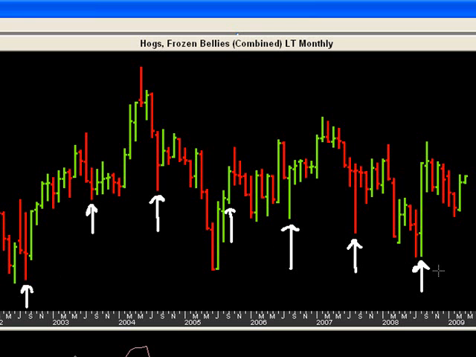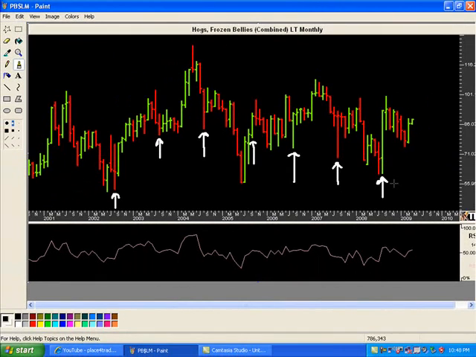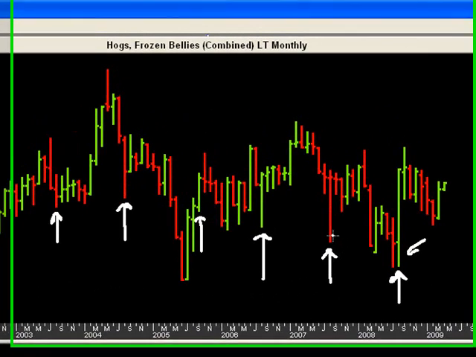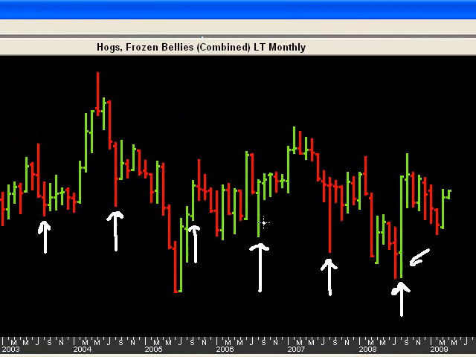Now, what's interesting about the month of August is there's obviously evidence that the month of August has a lot of volatility. And what I mean by volatility, obviously, is big trading ranges. We see a really big trading range right there back in 2008. Another really big trading range right here in 2007.